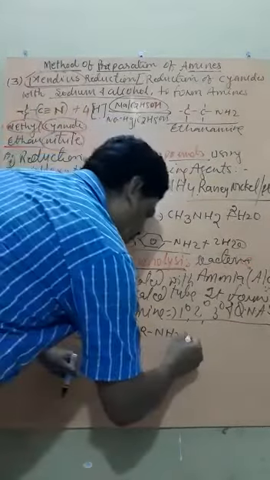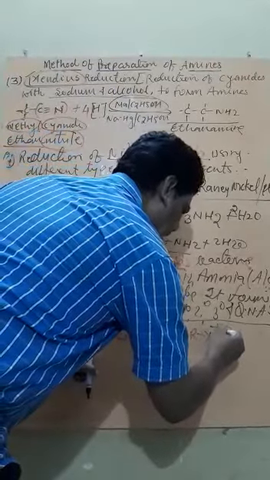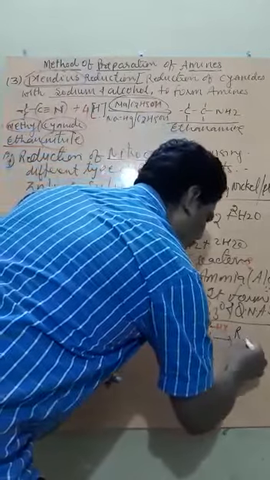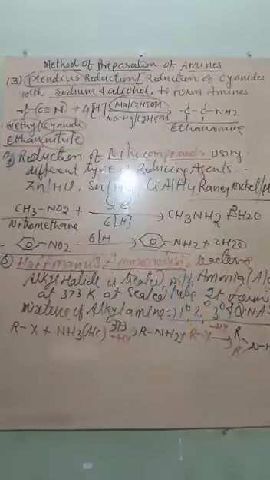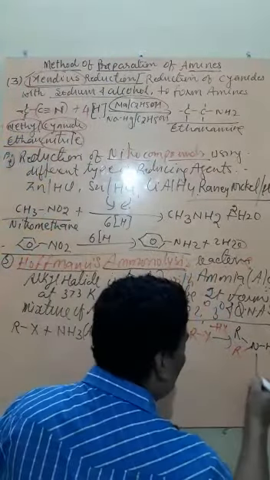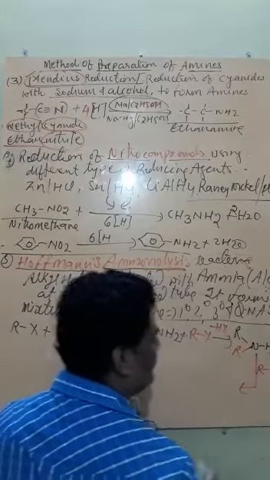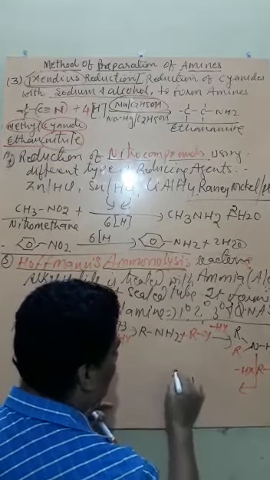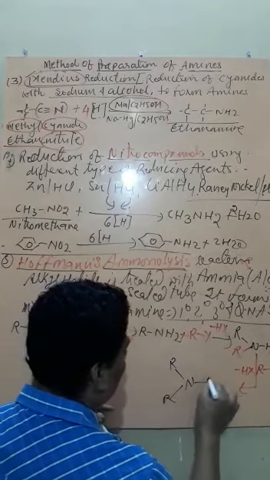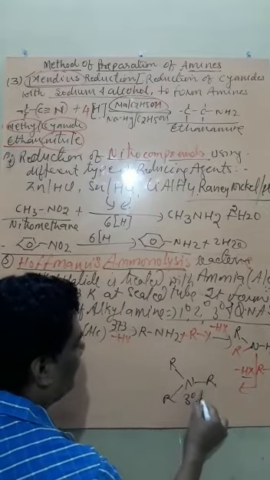Again you can react it with a second molecule of RX, so again minus HX, and now it will form R2NH, with one more R attached. One more possibility is reacting with one more alkyl halide RX, minus HX, so the tertiary amine R3N is prepared. So this is called tertiary amine.